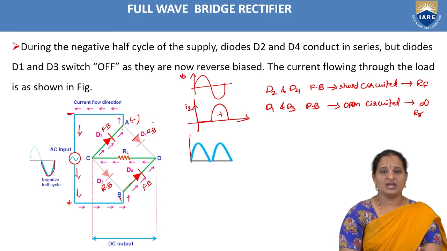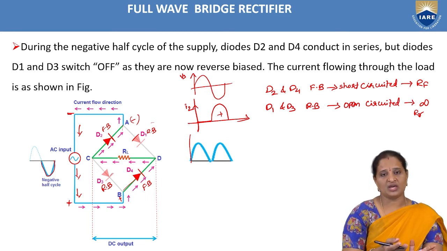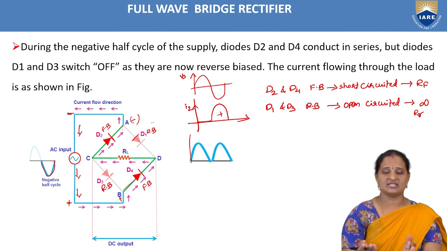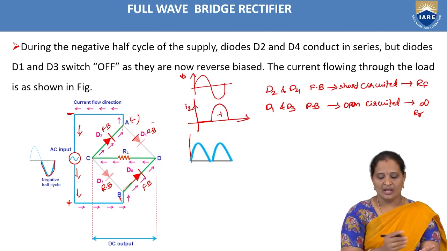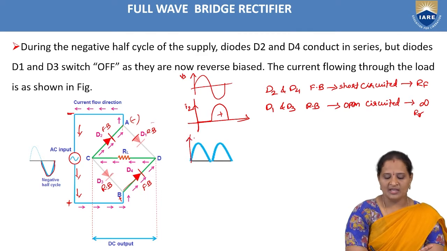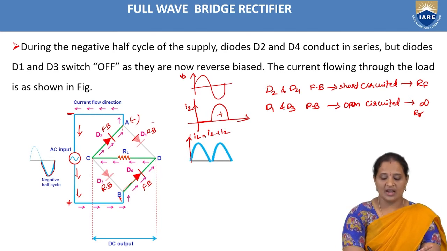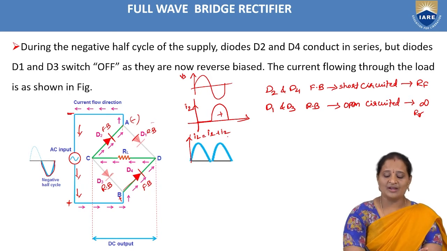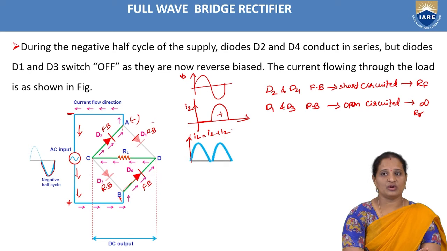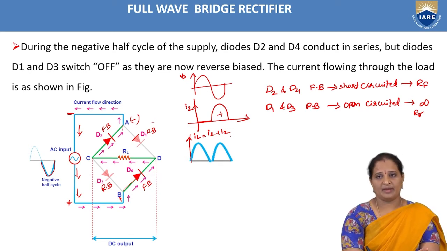We don't have any negative half cycle because in both cases the current is flowing in the same direction, that is from point D to point C. So this is I2, and here IL is considered to be I1 plus I2, where I1 is the current flowing through the load resistor during the positive half cycle of input AC supply, and I2 is the current flowing through the load resistor during the negative half cycle of input AC supply.